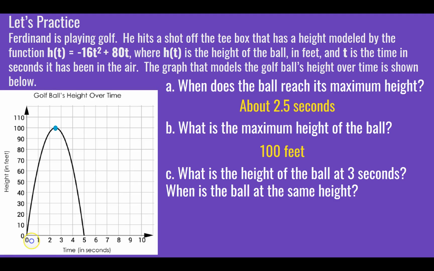Okay, so we're looking at the point where we're 3, right? It's really close to my vertex, isn't it? It's real close. That height, it looks like it's in between 90 and 100. So you were closer with your 90 point something. I would call that about 95. That's what I would call that.